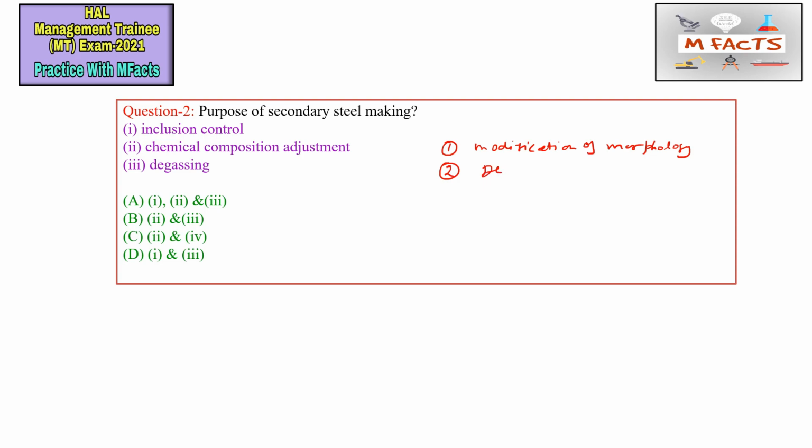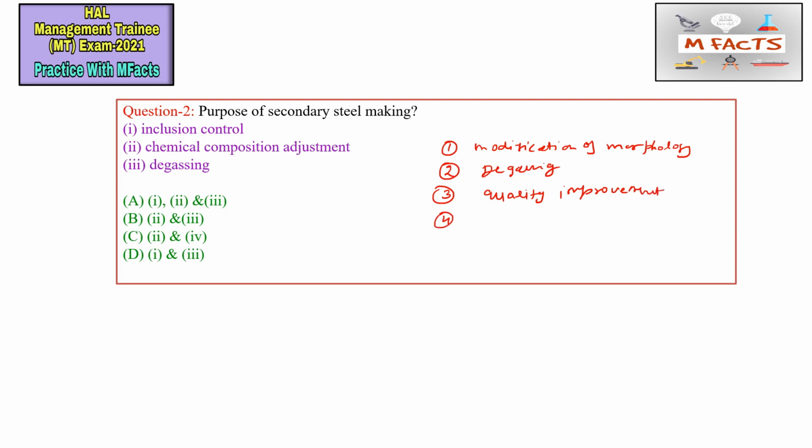The next one is degassing. There are many degassers we use for removing the entrapped gases. The third thing is to produce quality steel, or you can say clean steel, so quality improvement may also be done through secondary steel making.